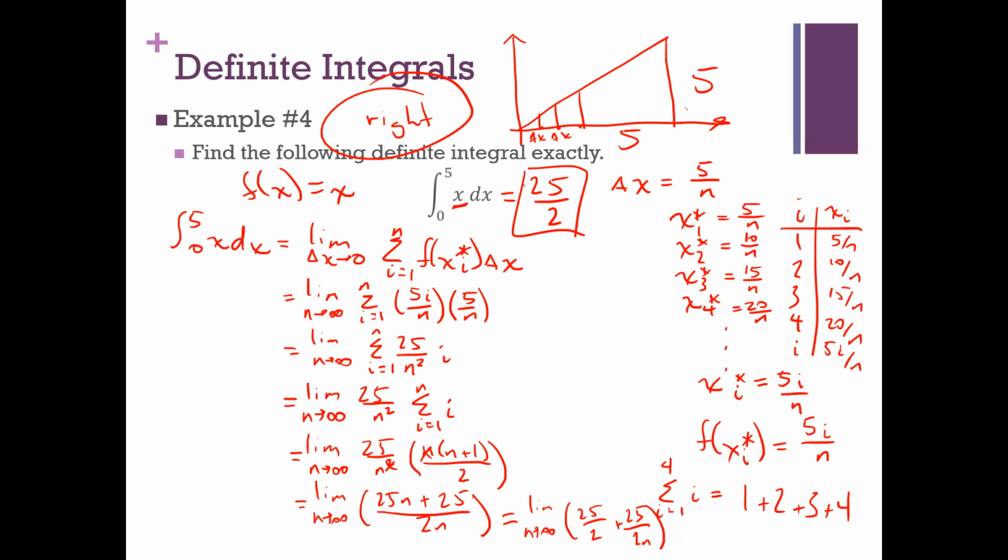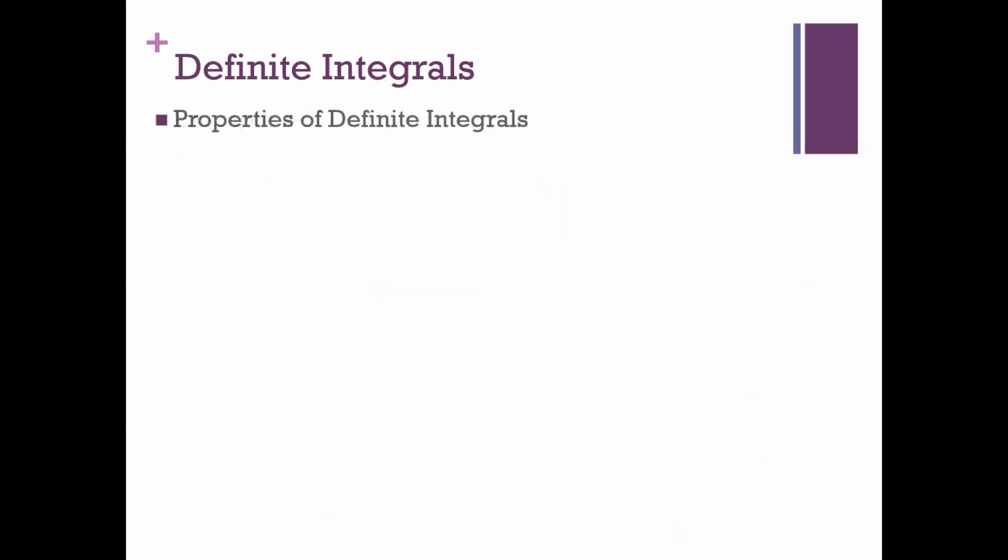All right, what else? So some more properties of definite integrals. This is very rarely done, but if you flip these, let me give you a vocabulary term here. The a and b are called limits of integration. Basically they're the left and right ends of the interval that you're integrating.